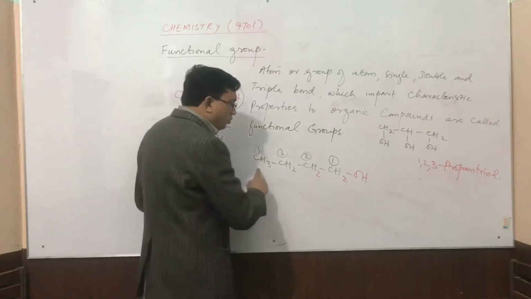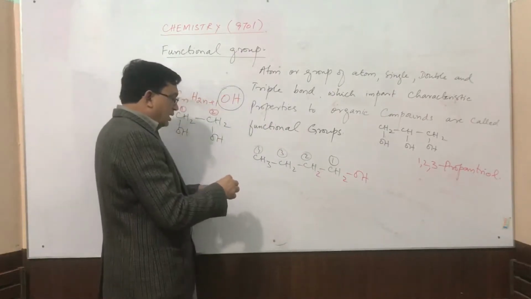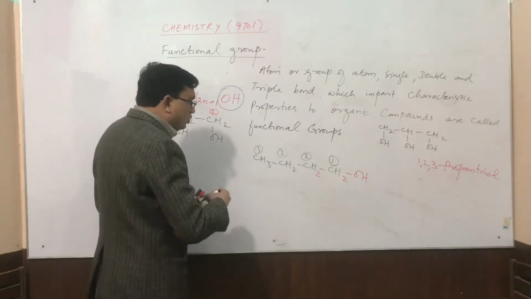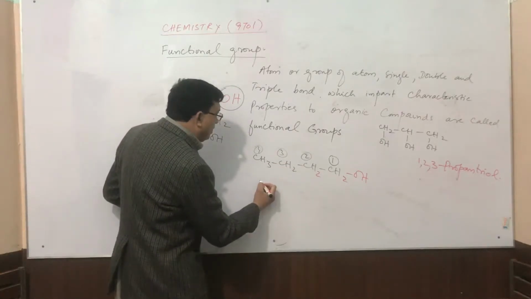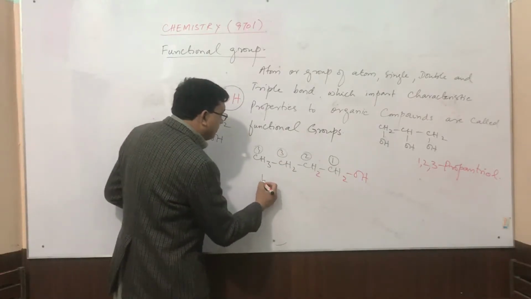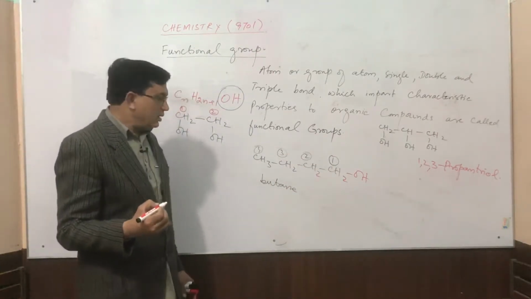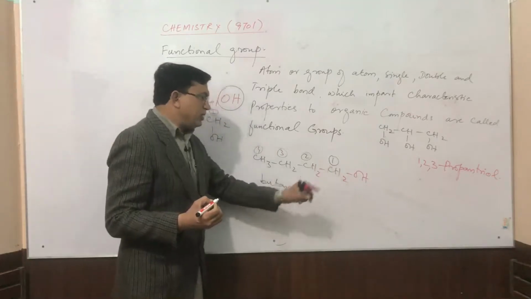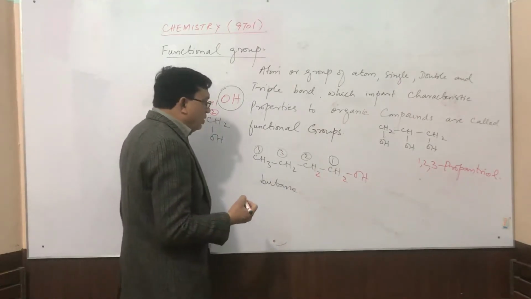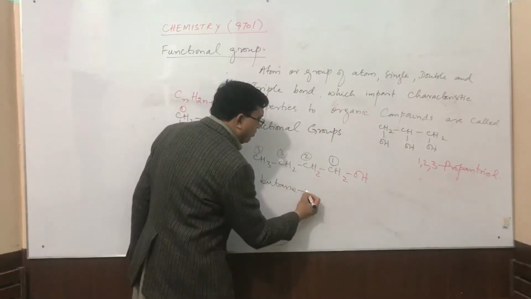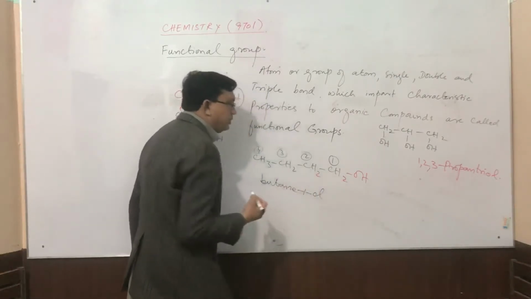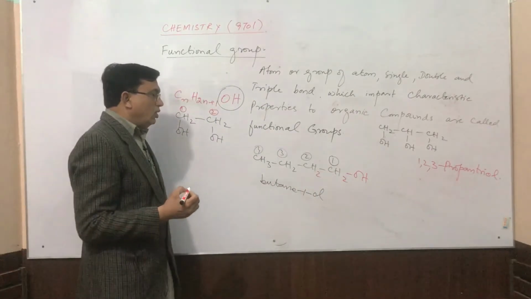We will write according to the rules the total number of carbon atoms. This will be called butane because 4 carbon atoms are there, but the OH group is present on the first carbon atom. That's why we will call it butan-1-ol. This is the name of this.